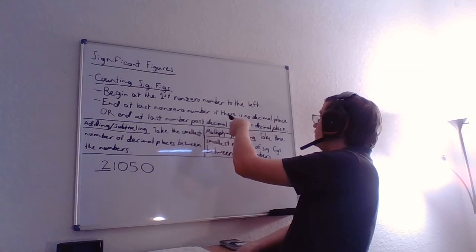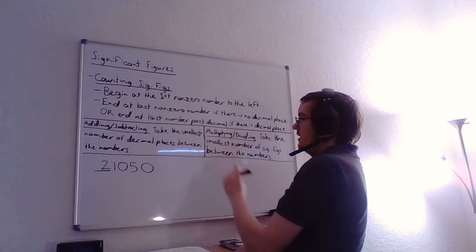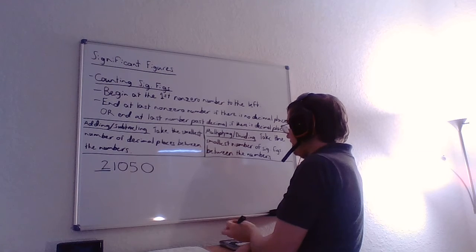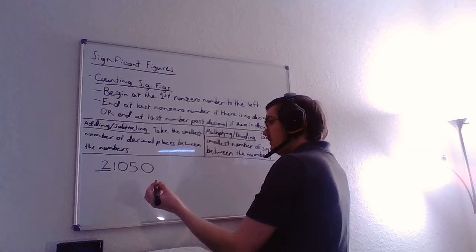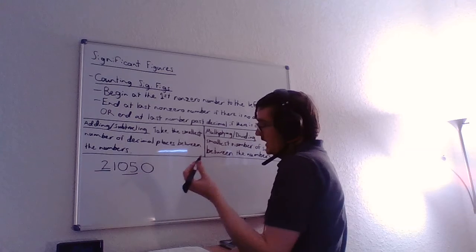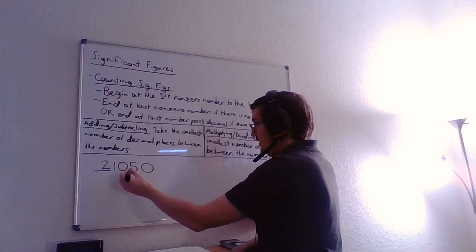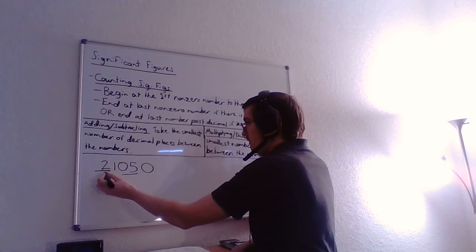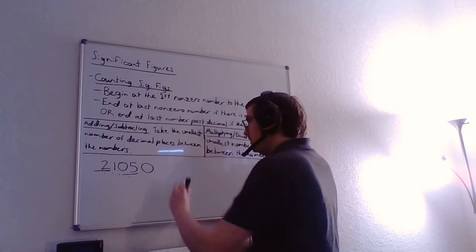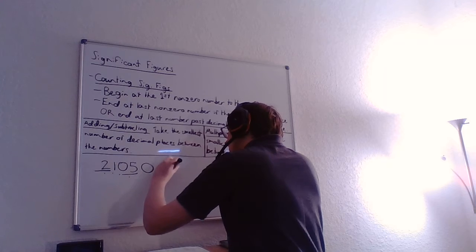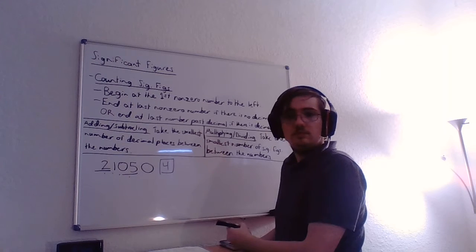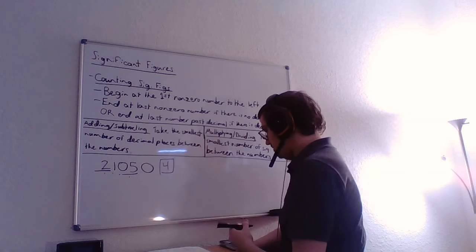Then we go to the second rule, and we notice there is no decimal place here. So what that means is we're going to end at the last non-zero number, and that's a 5. If we count up all the numbers and the numbers in between, we're going to get 1, 2, 3, 4 significant figures. And that would be our answer.